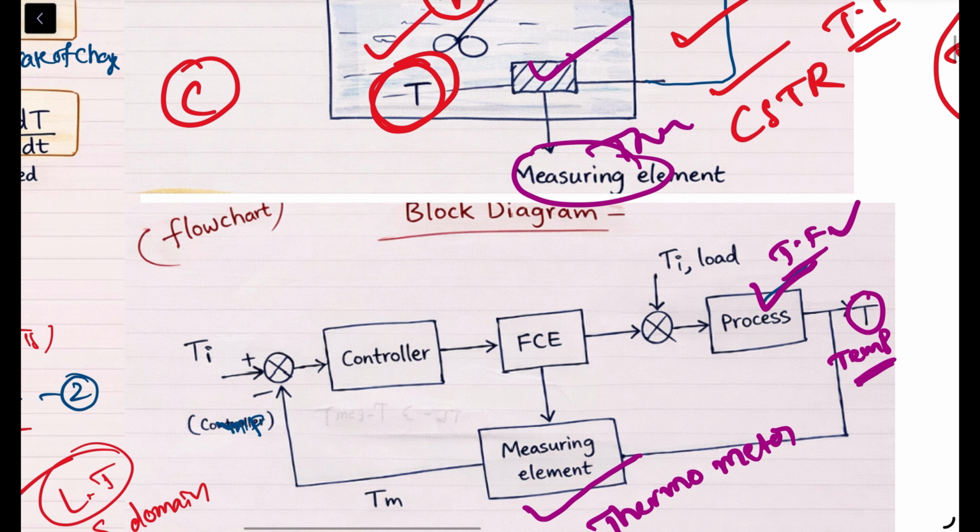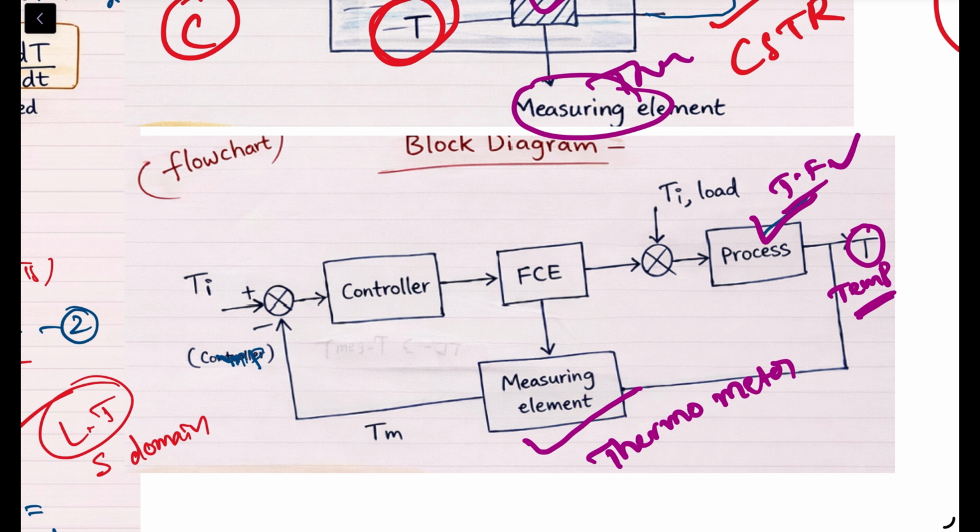Therefore, the process output is T, and the measured value is Tm. Now what is the purpose of the measuring element? Its purpose is to sense the actual process variable and send the information to the controller. So the measuring element converts the actual temperature T into the measured signal Tm.